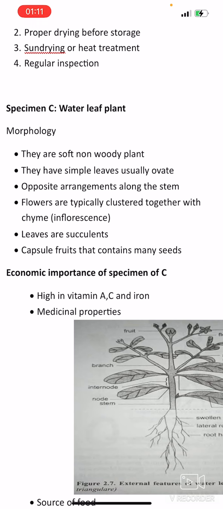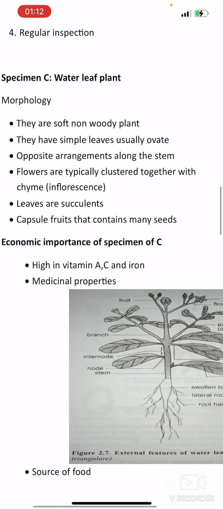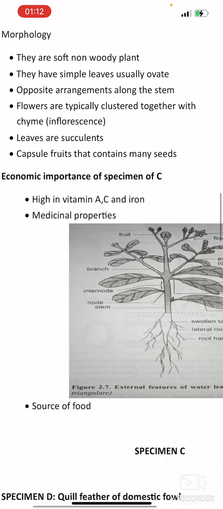Look at the shape of those leaves; they are called ovate, and they have an opposite arrangement along the stem. Their flowers are clustered as inflorescence, the leaves are succulent, and the type of fruit they have is a capsule, which contains many seeds.